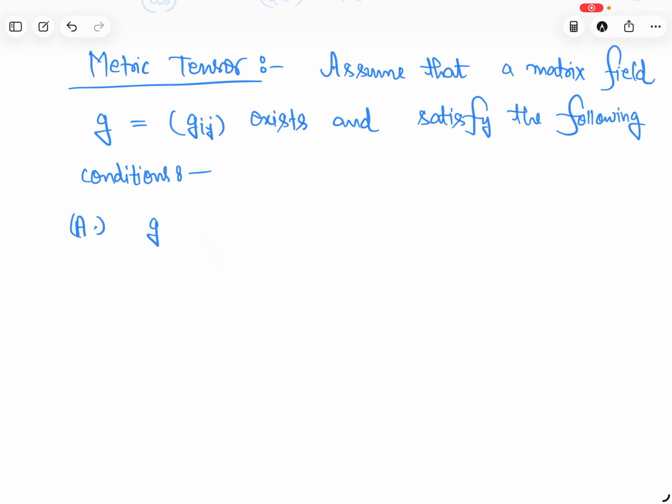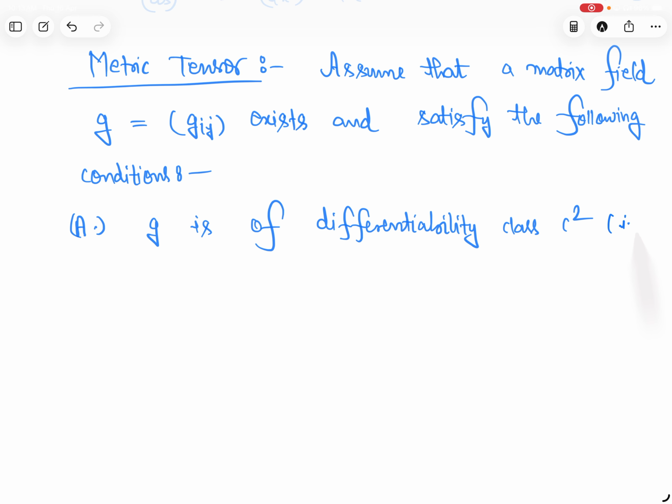G is of differentiability class C2. Differentiability class C2 means what?